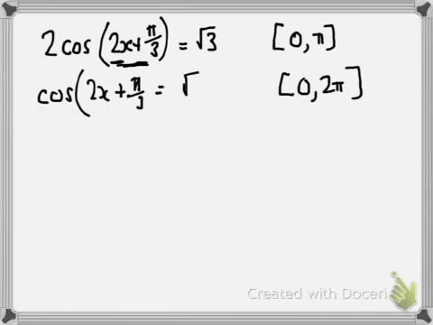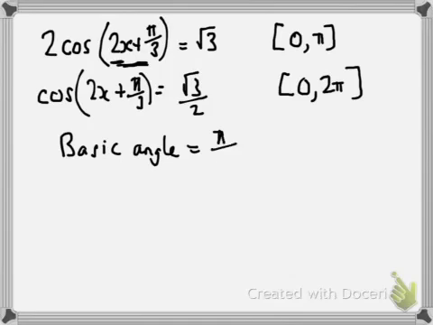So it's going to be root 3 divided by 2, by dividing both sides by 2. Basic angle equals pi on 6, because from our knowledge of exact values, the angle that has a cosine value of root 3 on 2 is pi on 6.